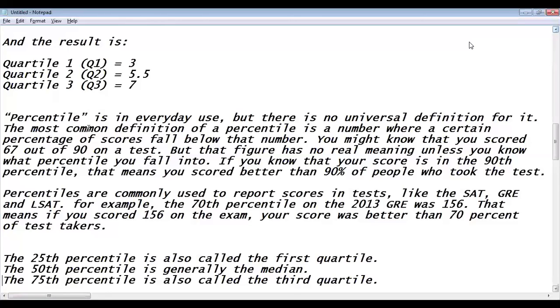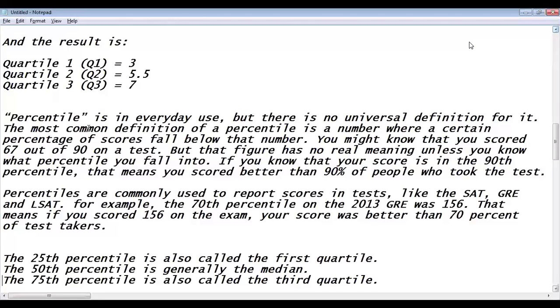If your score is in the 90th percentile, that means you have scored better than 90% of the people who took the test. So 90% of the students have scored less than you. Percentiles are commonly used to report scores in tests like SAT, GRE, and LSAT.